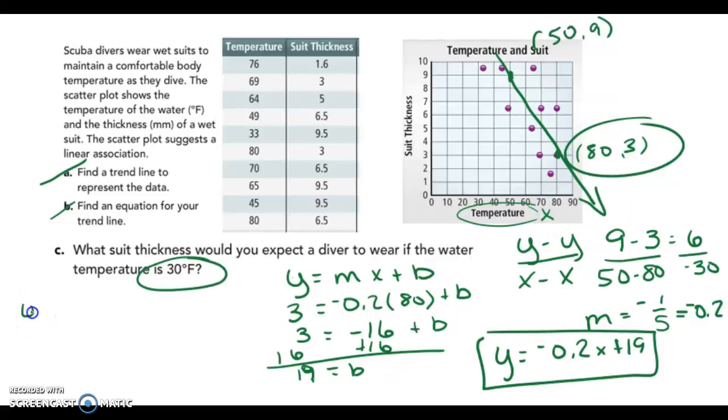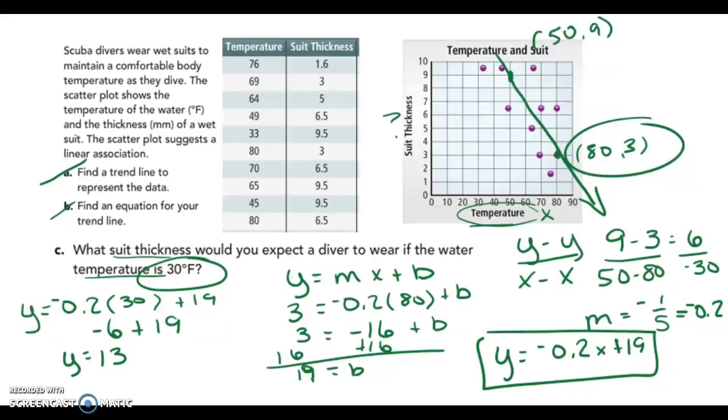So I'm going to replace y equals negative 0.2, I'm going to replace the x with a 30 because I can tell that the temperature here is the same as what is on the x line. So I know the temperature, I don't know the suit thickness. So that would be the y. So y equals negative 0.2 times 30 plus 19.